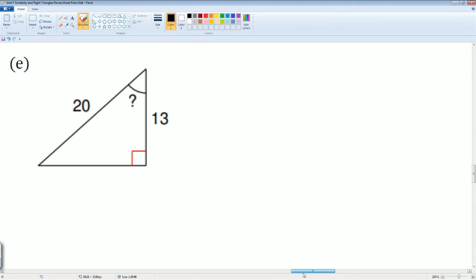Let's look at E. We draw the person here. The question mark is theta. 13 is going to be our adjacent, and 20 is our hypotenuse because that's the longest side. We write the letters A for adjacent and H for hypotenuse.